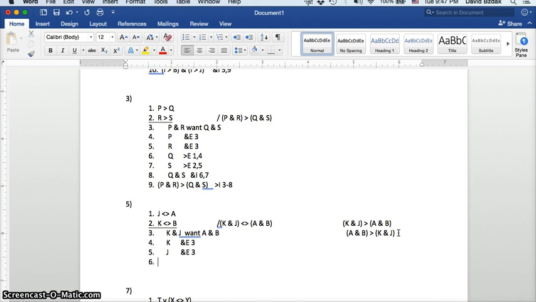Why do we want to get those by themselves? Because now we can do biconditional elimination, right? Biconditional elimination is kind of similar to conditional elimination. If you get one piece, you can get rid of the other piece. So with K, we can get B by the biconditional elimination of 2, 4. So 2 is a biconditional, K is one of the sides, so we get the other side.